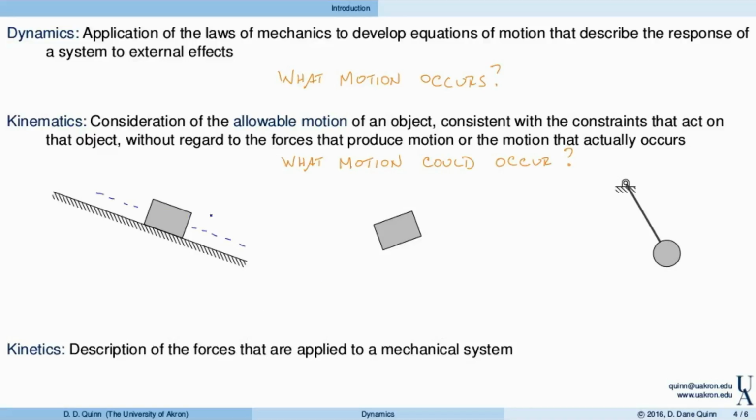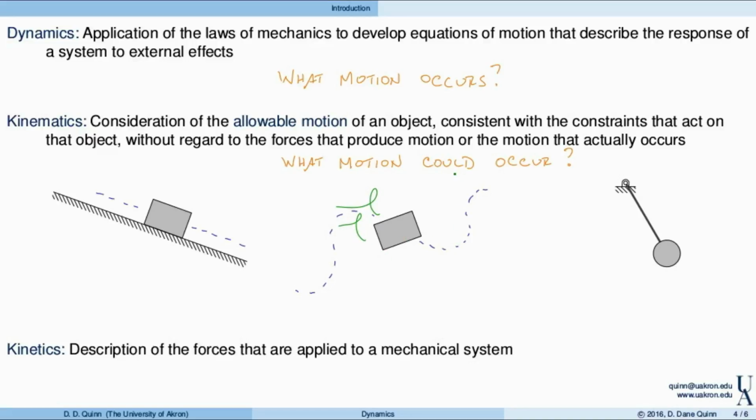Now, contrast this case, where the block is restricted to this plane, with the second example, where this block is free to move anywhere in the plane. Right? So it could follow a path like this. Not only is it free to move anywhere, right, but it could actually spin and rotate as it goes along.